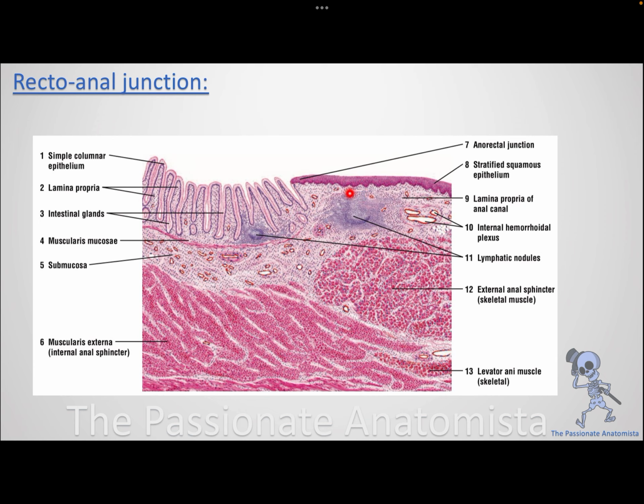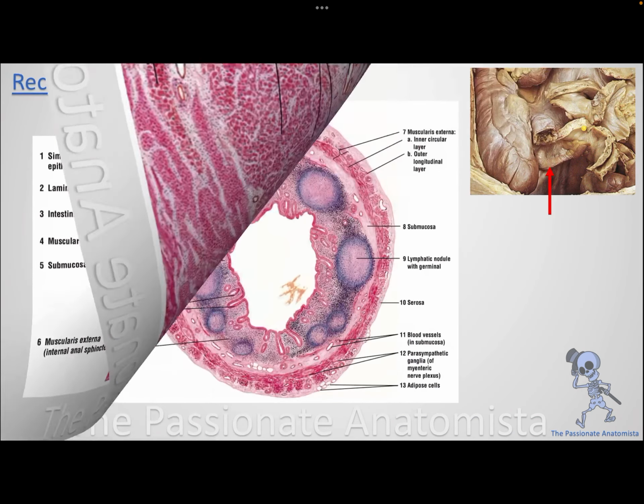Okay, so these are the three zones of the anal canal. From that, so many muscles in the outer layers, with knowing that you have goblet cells here, you have the stratified squamous epithelium here, you have a lot of lymphatic nodules, you will know that this is a rectoanal junction, not gastroesophageal junction.